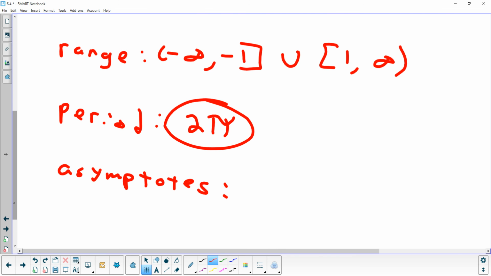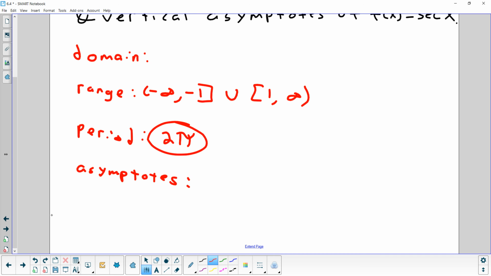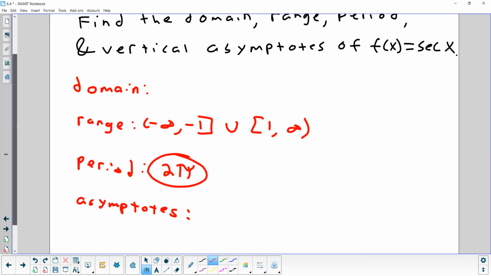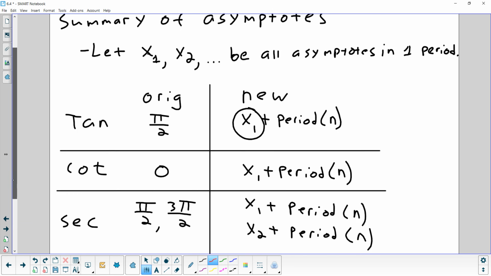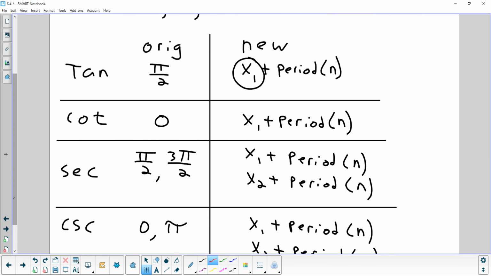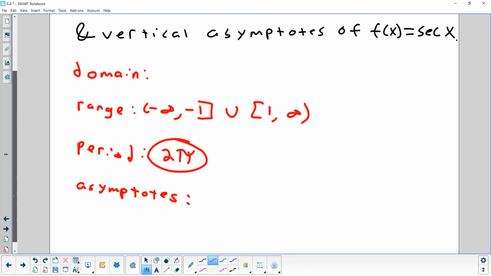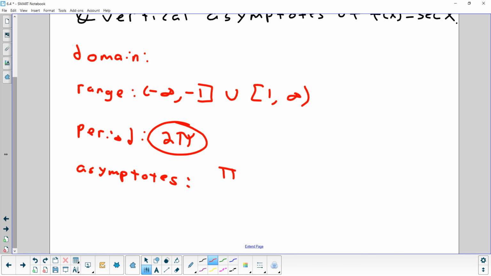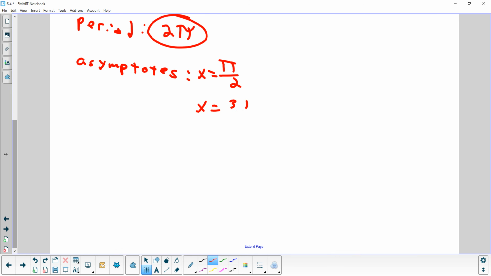Asymptotes. Well, we don't really have to do anything too fancy because we're not doing a transformation. So let's just go back and look at the table. Secant has asymptotes at pi over 2 and 3 pi over 2, so we're going to start with those two. And how often does each asymptote reoccur?